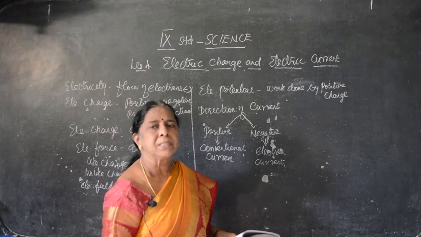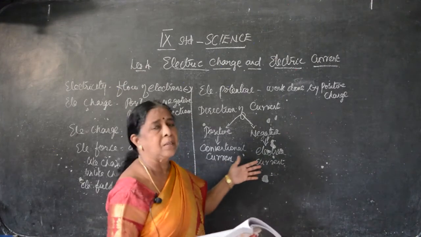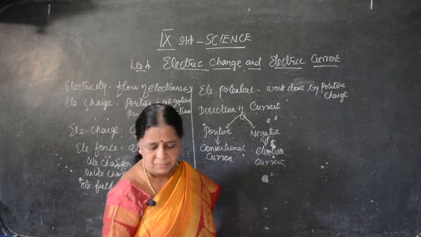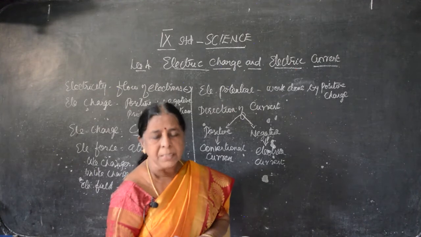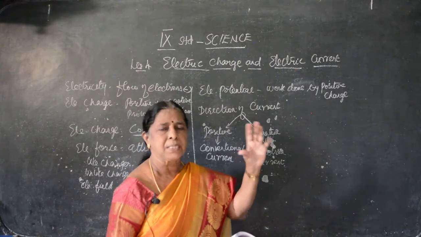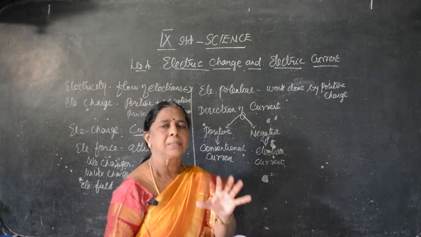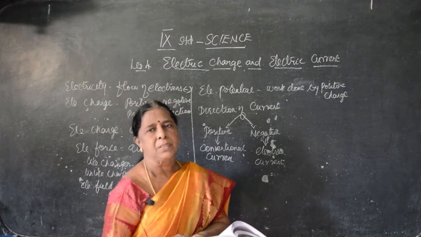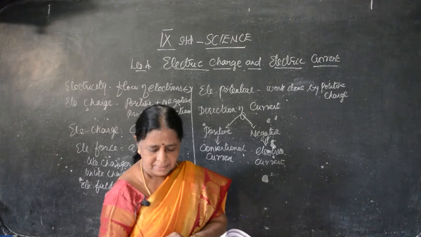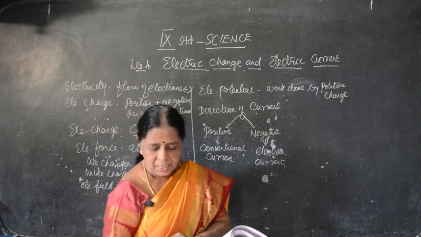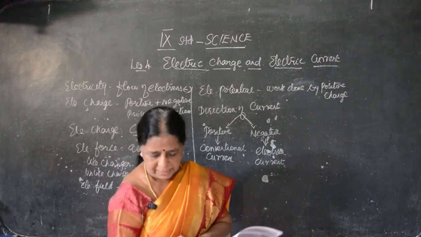Then how to measure this current, either conventional or electron current? Current is the rate at which charges flow past a point on a circuit. On the circuit, how does it flow? So the flow in the direction can be measured. What is current? Current is the rate at which charges flow past a point on a circuit.